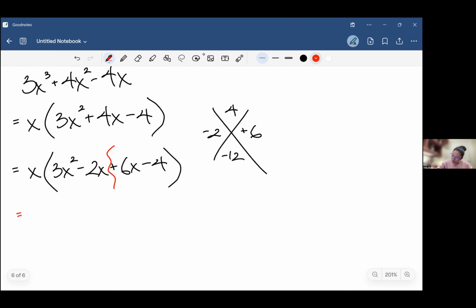All right. So this equals x times x(3x minus 2) plus, I can take a 2 out of here, so 2(3x minus 2).